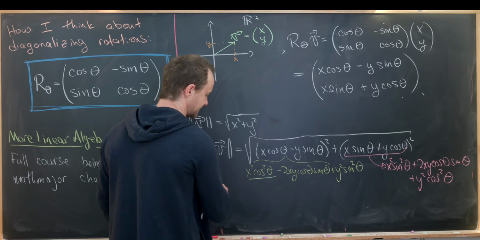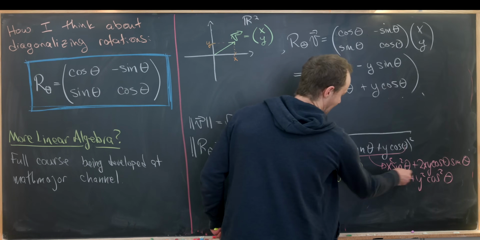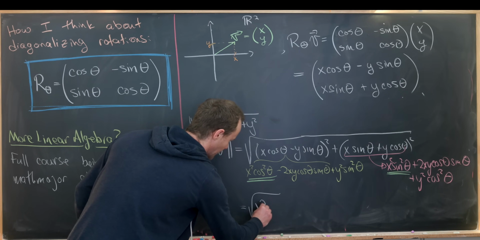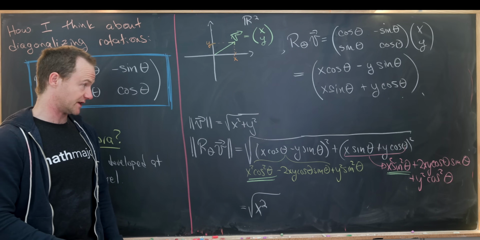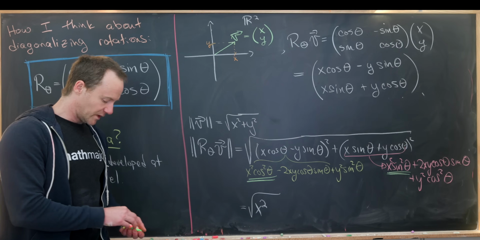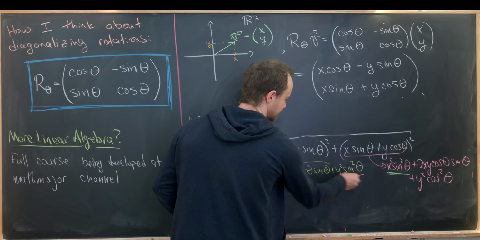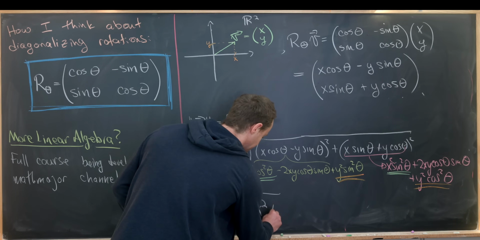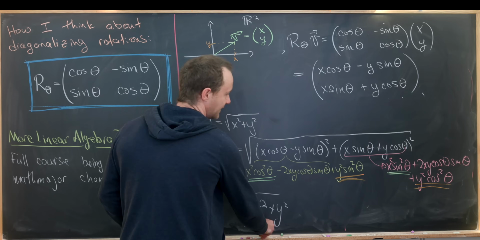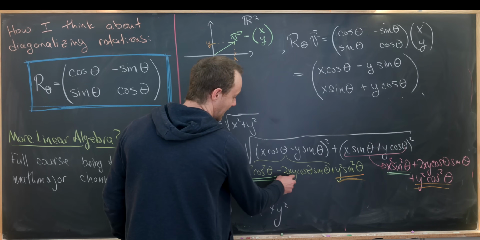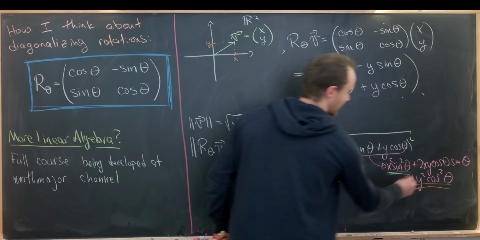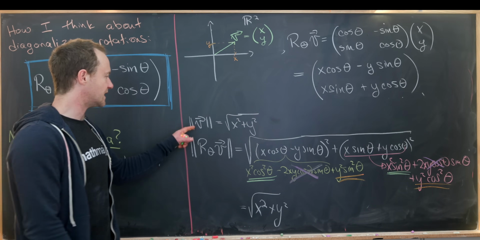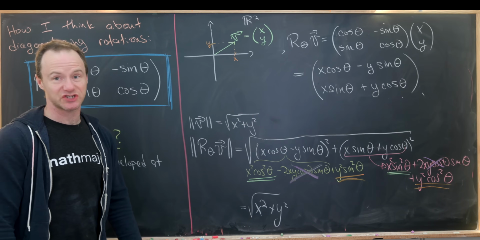This x squared cosine squared will add with this x squared sine squared and just give us x squared, because we know cosine squared plus sine squared is 1. We have a similar thing with this y squared sine squared and this y squared cosine squared, so that gives us plus y squared. And finally, we have a minus 2xy times some stuff and a plus 2xy times the same stuff, so those cancel. So in the end, the norm has not changed.